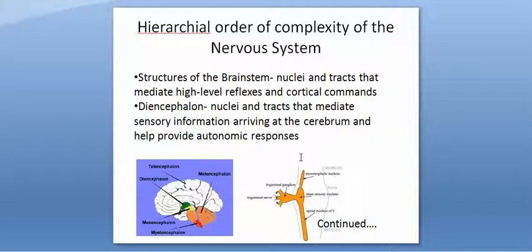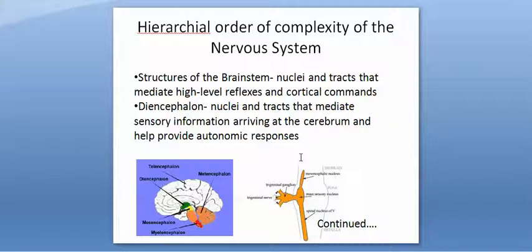We have tracts rather than nerves because it's the central nervous system. They mediate the higher level reflexes and some cortical commands. The cortical commands are commands from the cortex, so kind of more conscious control. And higher level reflexes like breathing, heart rate, response to stressors, things like that.